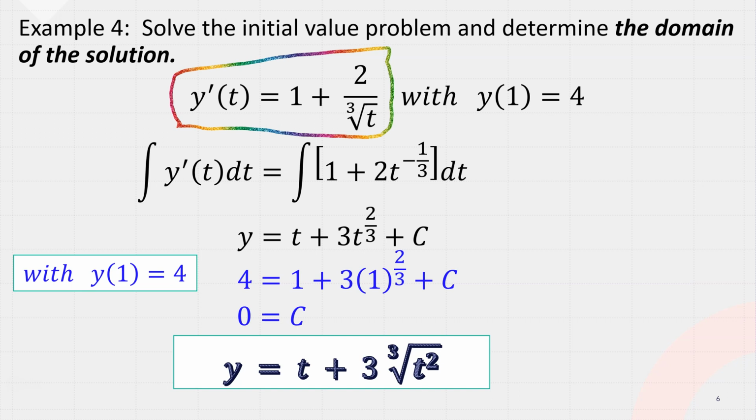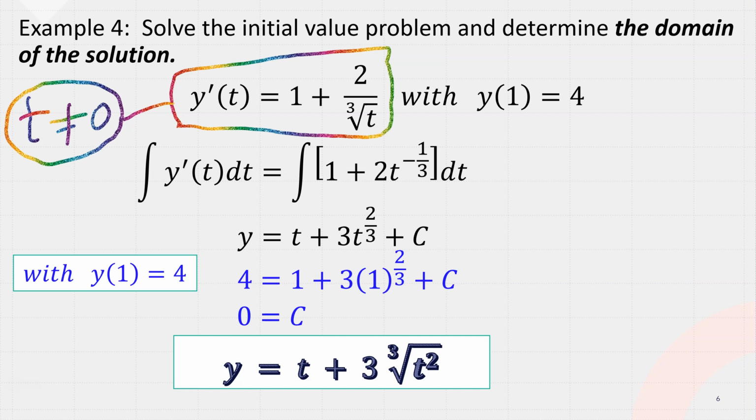So when we look at that derivative, well, t cannot be 0. If t is 0, the denominator there is 0, then there would be no derivative. So right off the bat, we would say, hey, t cannot be 0 for this function here.